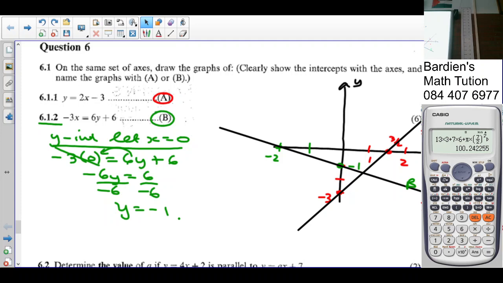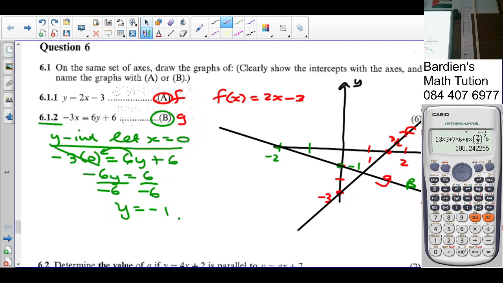I could have said f of x, name this graph f and graph g. Then you would have put an f there instead of an A, and a g there. You guys understand? They could have said, what is f of x equals 2x minus 3? That would have given you the f graph. Now this graph, 6.1.2, is not in standard form.